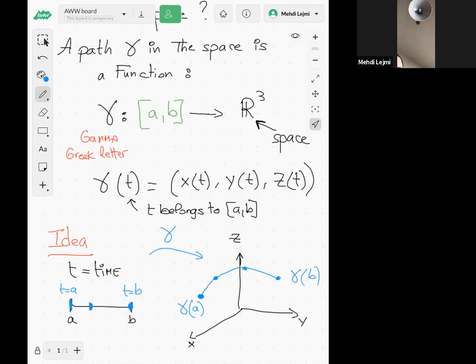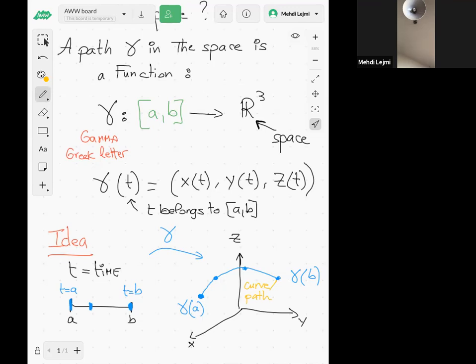This is what I call a path or a curve in the space. This curve or path doesn't have to be a straight line. It could be anything, it could be a very twisted line. That's what I call a curve or a path.